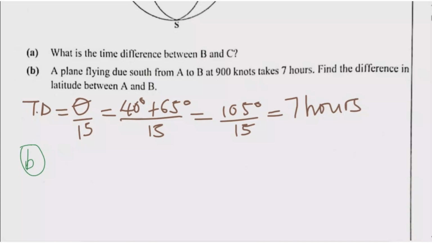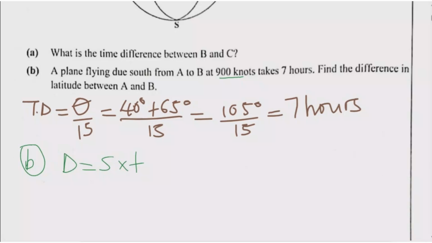Find the difference in latitude between A and B. When the speed is in knots, that means the distance is in nautical miles and time is in hours. So first we find the distance. Distance is equal to speed times time.